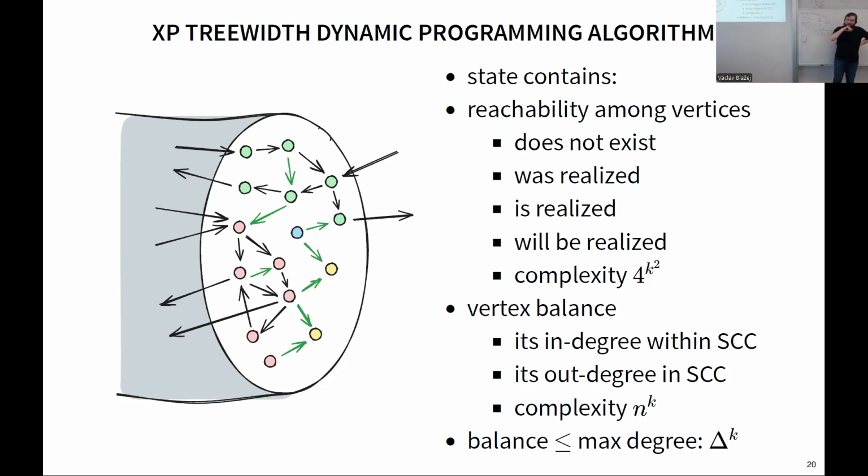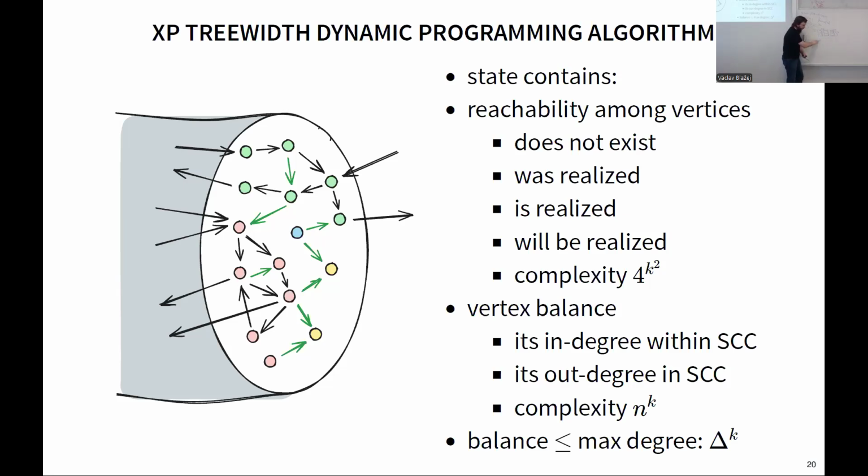But the problem is that you need to keep the imbalance of the vertex. Right? For example, if you had a bag and there are many components that come in and many of them have incoming edges, and you would keep them all, perhaps some vertex here would incur huge imbalance because it has many incoming edges. But afterwards, it will lose that imbalance because there are many outgoing edges as well later.